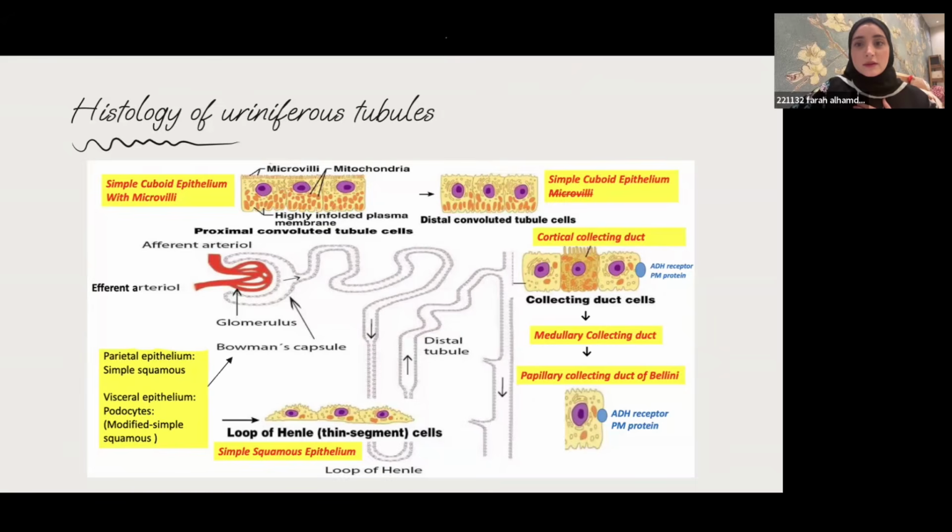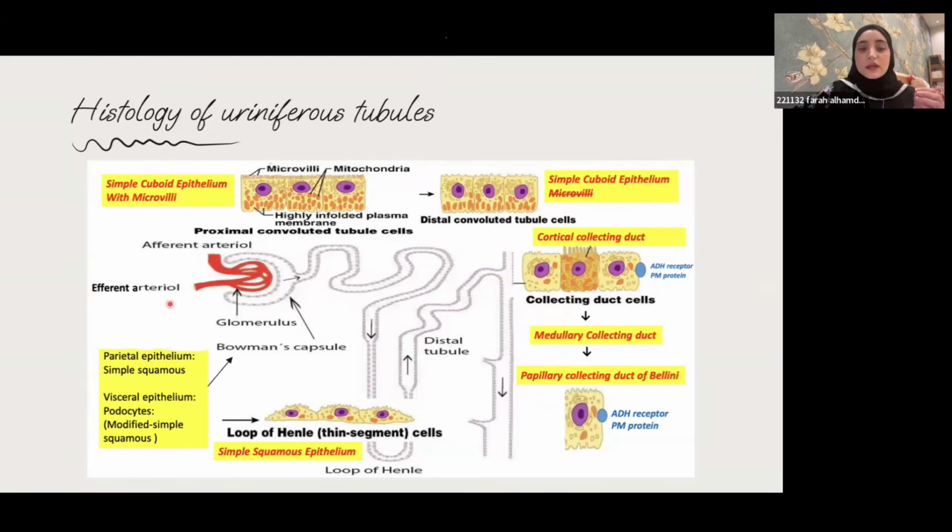So here are the different types of cells that you would find in the nephron. Let's begin with the renal corpuscle. We have the glomerulus, and in the glomerulus we have the capillaries and the arterioles. So basically, this is just simple squamous epithelium, endothelium. Okay. But it's covered by podocytes, which I'll talk about later.